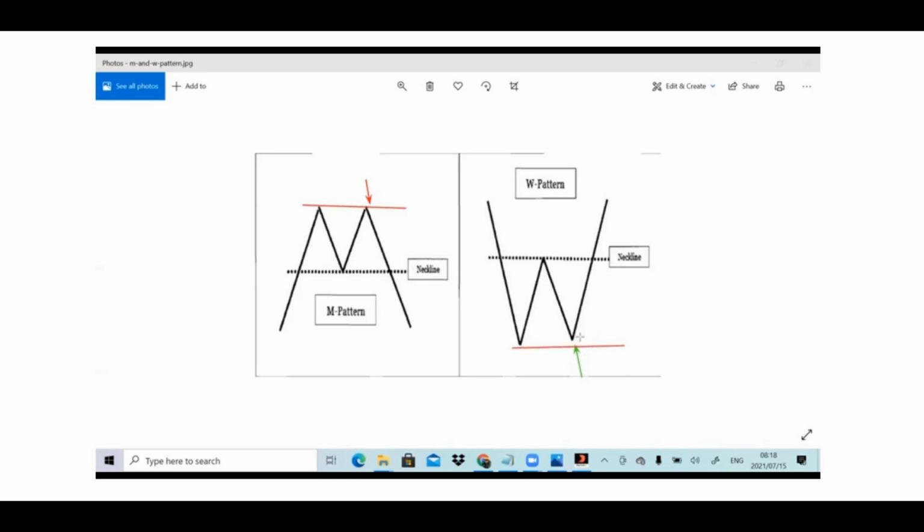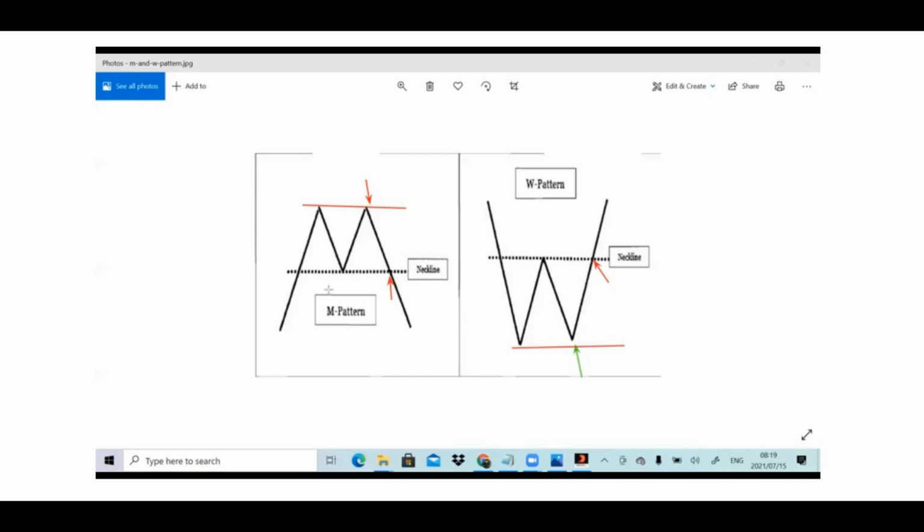So we're going to look at structure. What is structure saying? Right there. We get our M. But our M's and W's, when it comes to your M and your W, we pay them here. Our entries normally come once it breaks the neck.